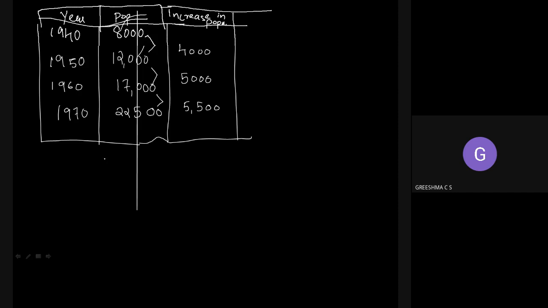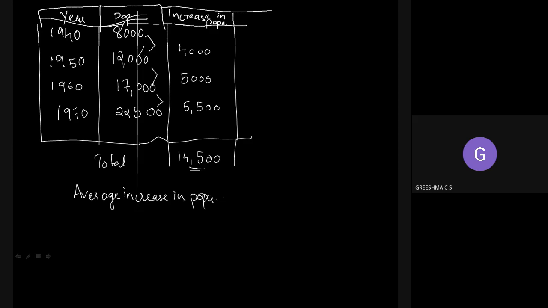Next step, you have to find the total of these increases: 4,000 plus 5,000 plus 5,500. You will get 14,500. Now next you have to find the average increase in the population.